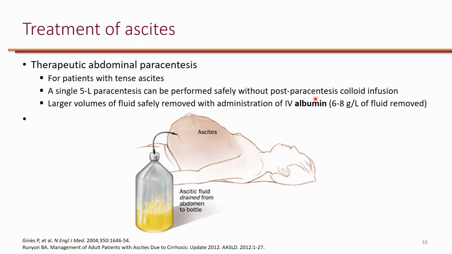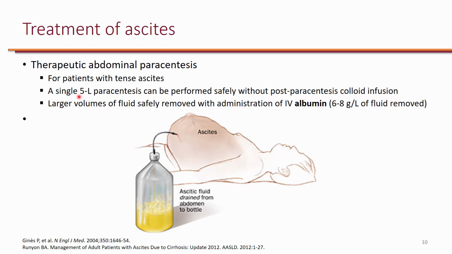So what they typically do is administer IV albumin. It's recommended to give about 6 to 8 grams of albumin for every liter removed in addition to the first 5 liters. For example, if somebody was removing 6 liters, the first 5 liters is okay.